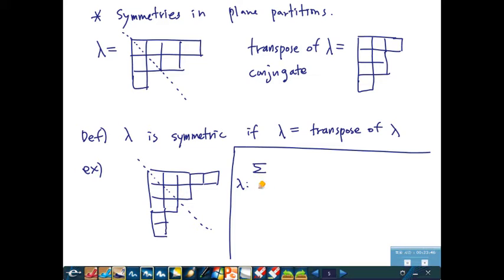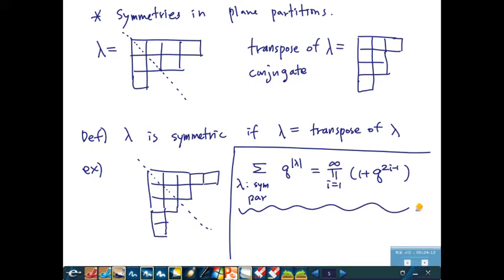So this is the generating function for all symmetric plane partitions, right? And it also has a nice product formula, as there was for just all plane partitions. The proof is not very difficult. You can prove this as an exercise.